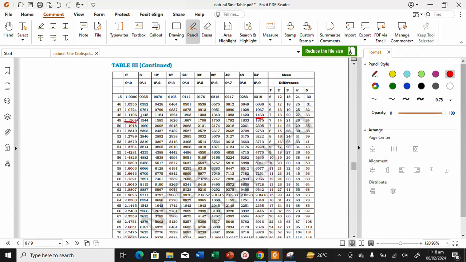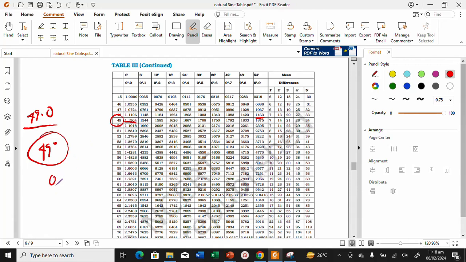So this 1.15 occurs at angle 49.0, which is angle 49 degrees. So it occurs at angle 49 degrees. We just neglect this 4.